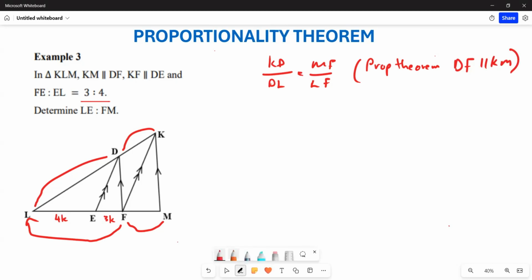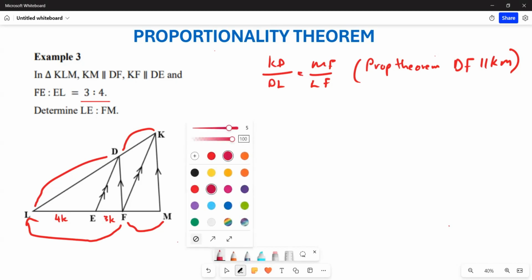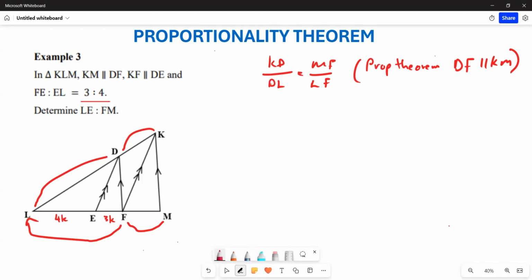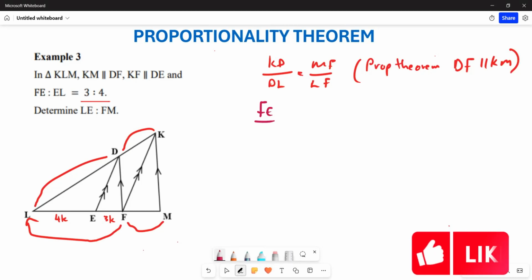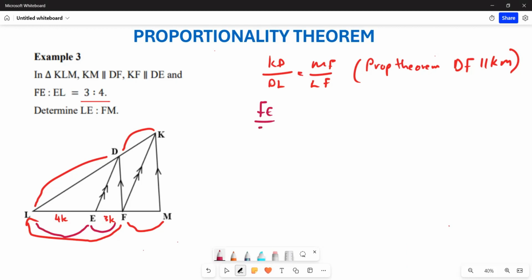Secondly, I can also provide a conclusion that FE over EL is going to be in proportion with DK over DL.